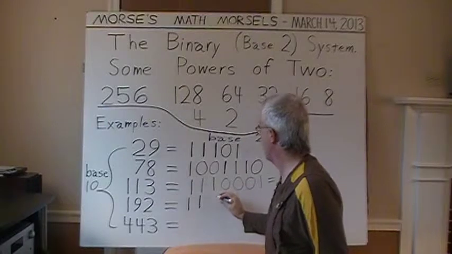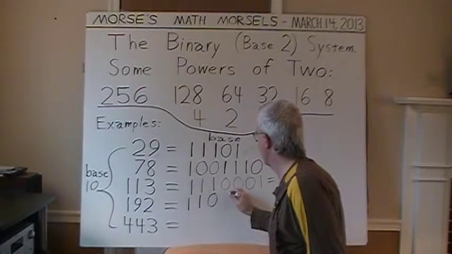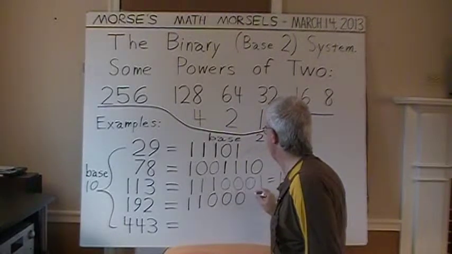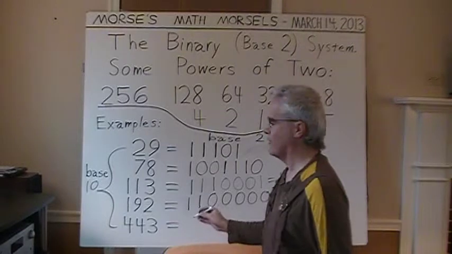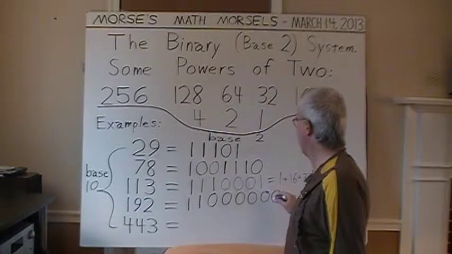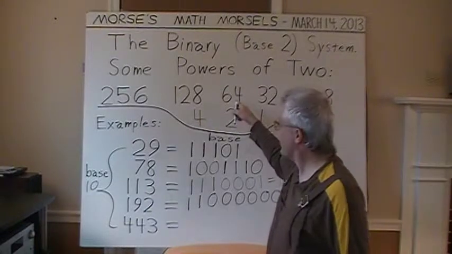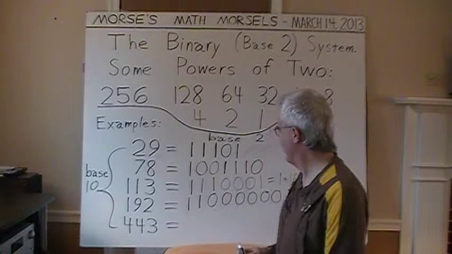128 plus a 64, so I'm going to have zeros all the rest of the way. There'll be no 32s, no 16s, no 8s, no 4s, no 2s, no 1s. Now 192 comes out to a very, very round-looking binary number, requiring just the 64 and the 128 and no other powers of 2.